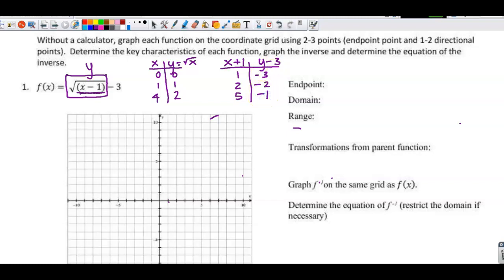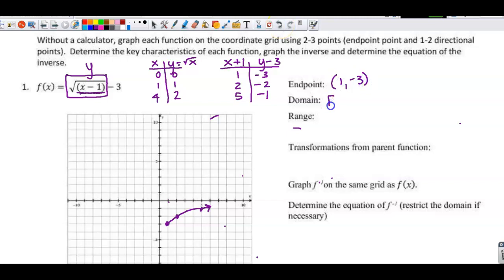These are my ordered pairs for this graph. So I'm going to go ahead and graph it. So I'm at 1, -3, I'm at 2, -2, and then I'm at 5, -1. All right, so this is my function. The endpoint of this function is, I'm sorry, that's not correct, it is 1, -3.